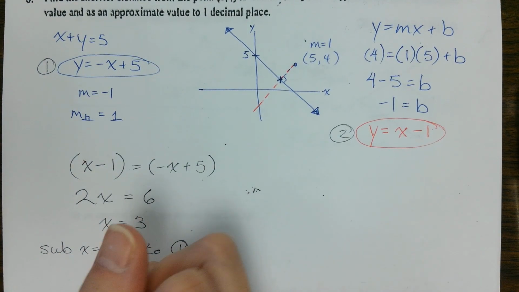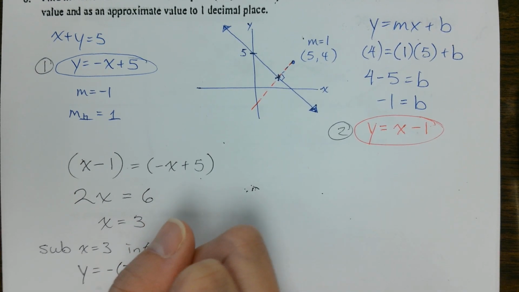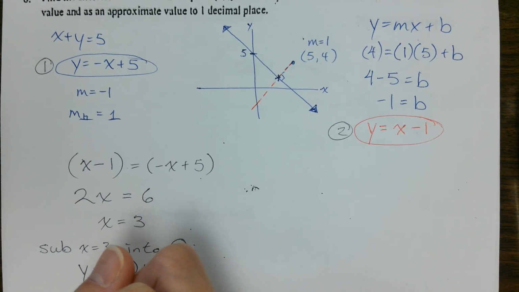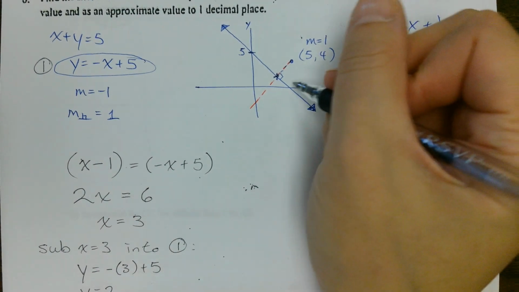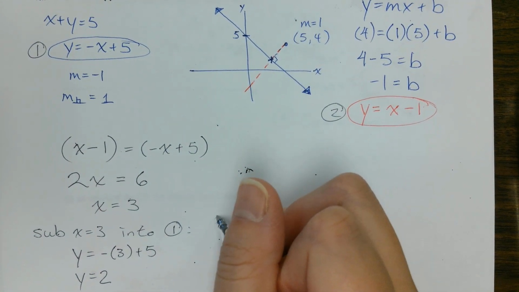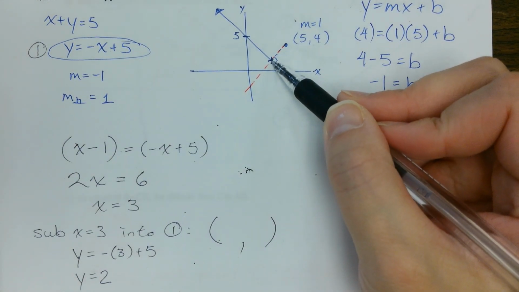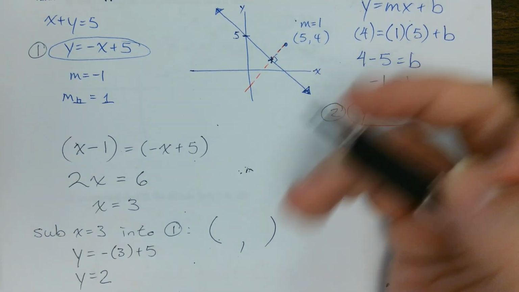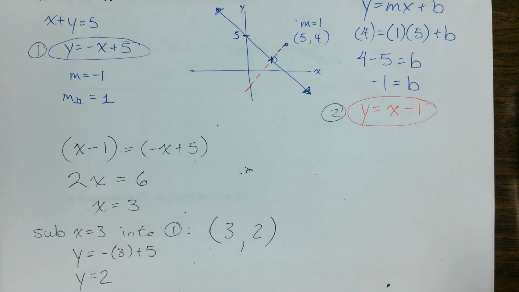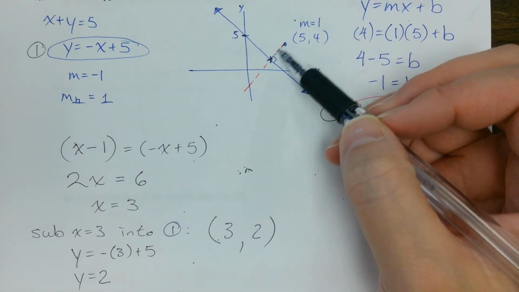So y equals -3 plus 5, so y equals 2. What is the coordinate of this point? Yeah, (3, 2).